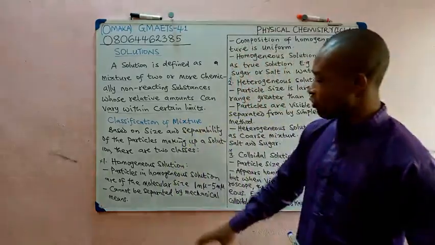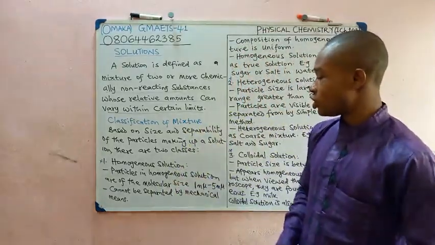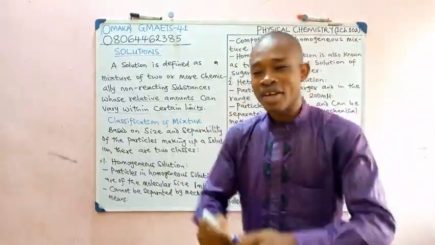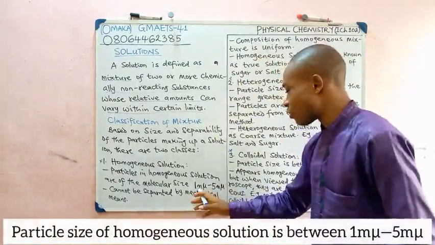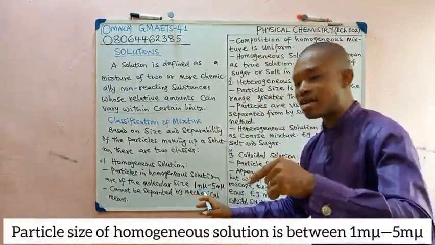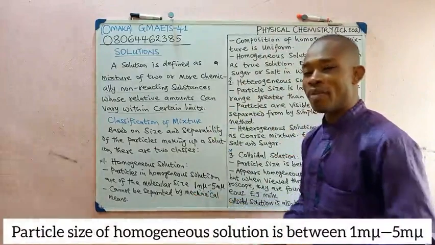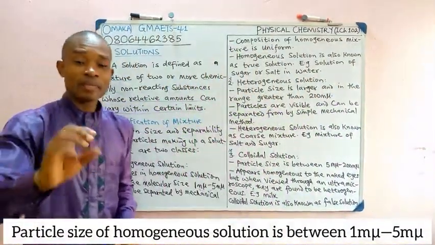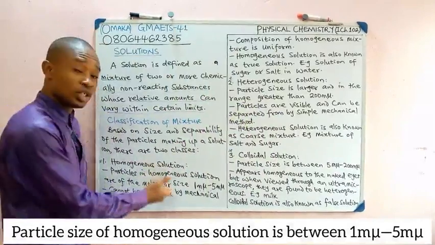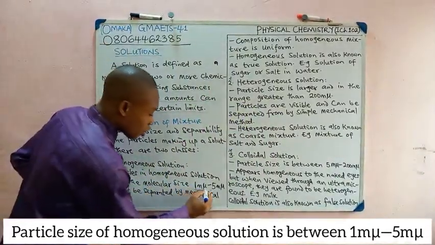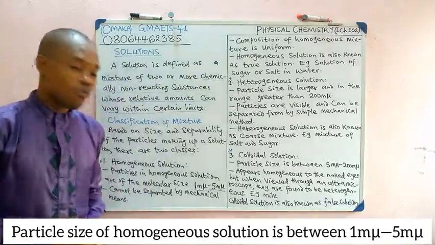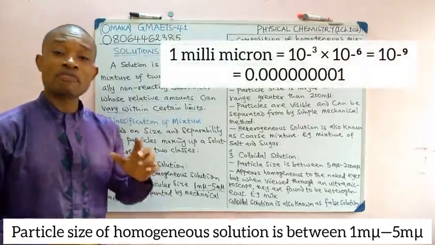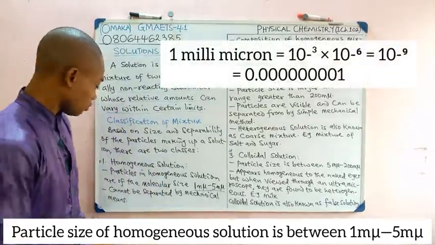It's also very important for us to know that the particles of a homogeneous solution, in terms of their size, have a limit of variation from 1 millimicron to 5 millimicron. Please take note of this range, very important. The range of their size is 1 millimicron to 5 millimicron.